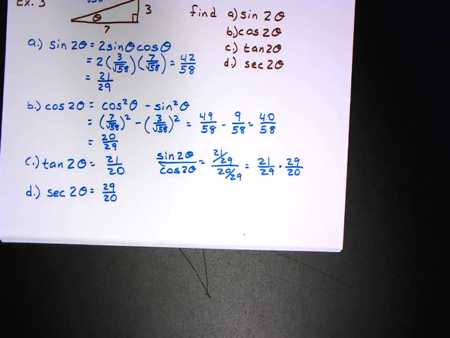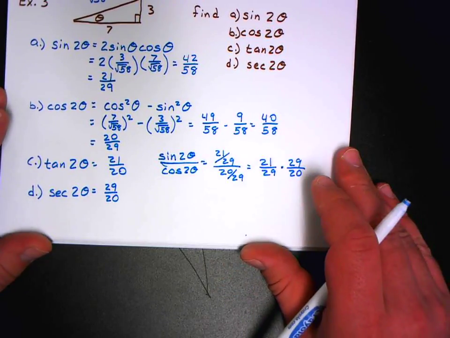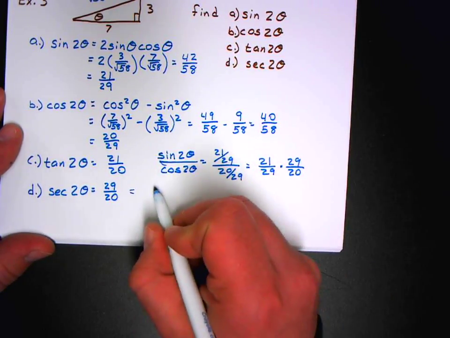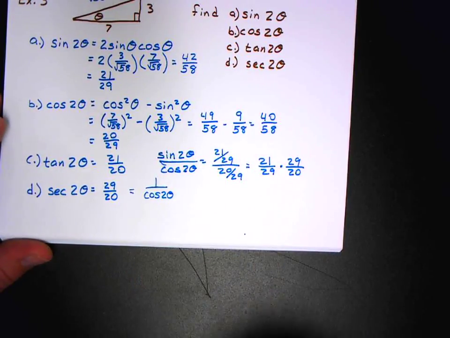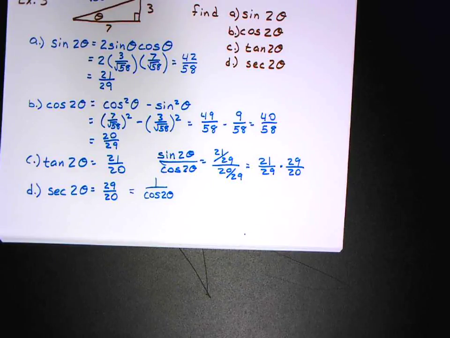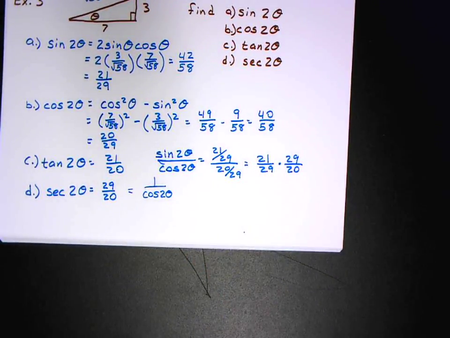So if I know what cosine 2 theta is, I just flip that over to get secant. Because remember, this is just 1 over cosine. So really, we can get by with just knowing the sine and cosine formulas.